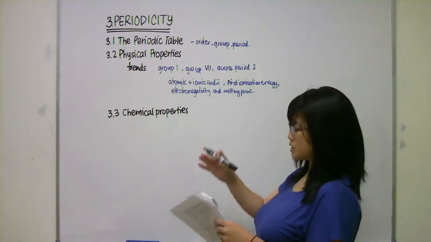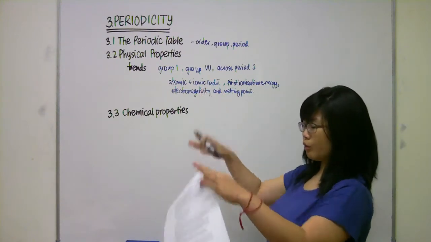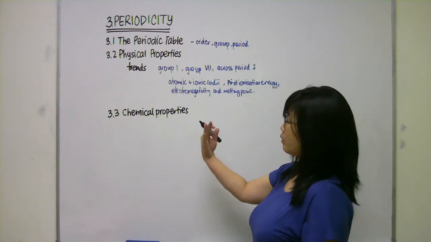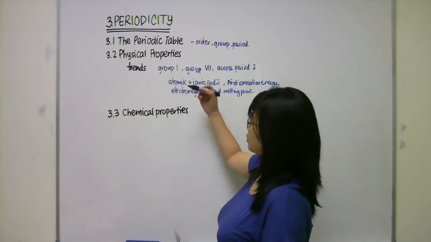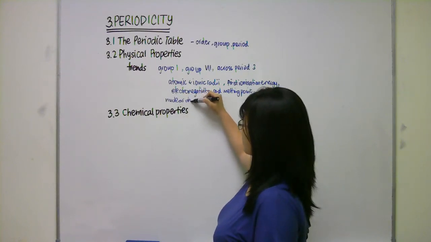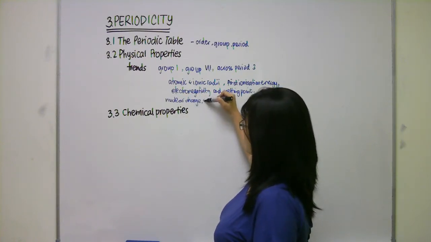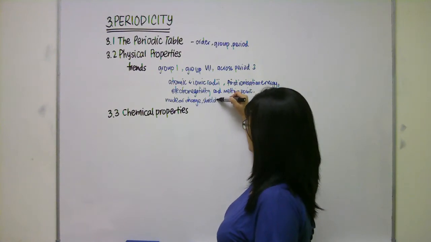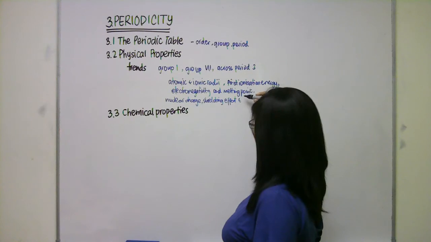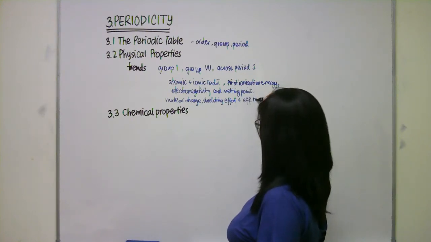So in this you're just going to talk about the whole periodic table and how they will change and why. Okay, so mainly you're going to be touching on 2 concepts: nuclear charge, shielding effect, and effective nuclear charge.